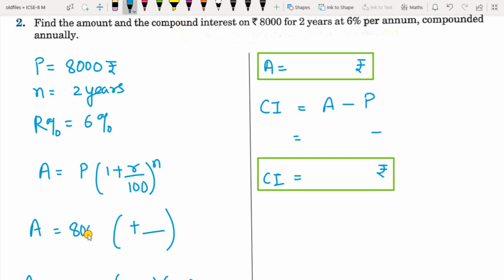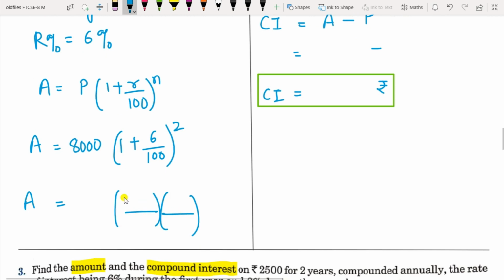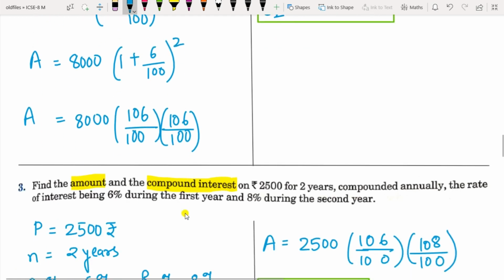P is 8000, 1 plus R is 6 upon 100, number of years are 2. So if you take the LCM here, this will be 8000 and this will become 106 upon 100. Since it is 2 years, so you have to write it 2 times upon 100. Now do the cancellation here.